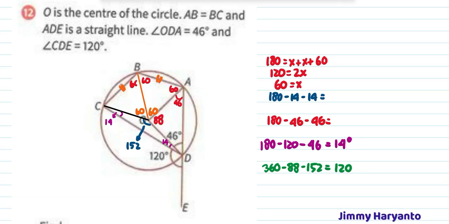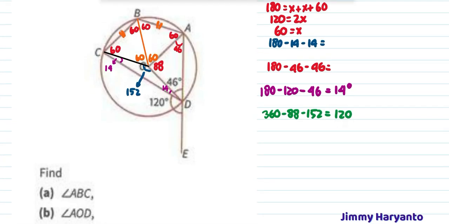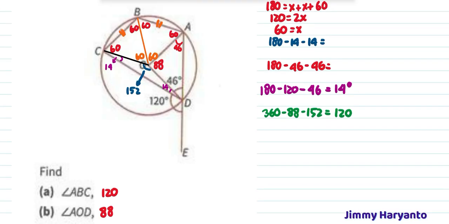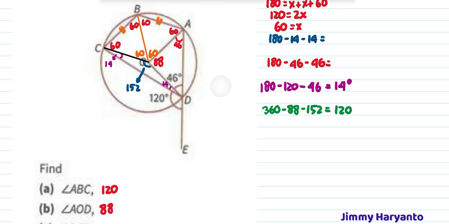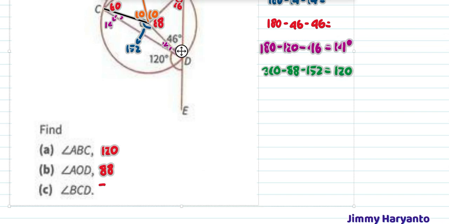That means this one will be the same. Okay, let's go to the questions. ABC will be 120. AOB is 88. And then BCD is 60 plus 14, 74.